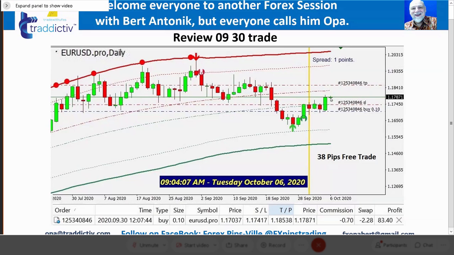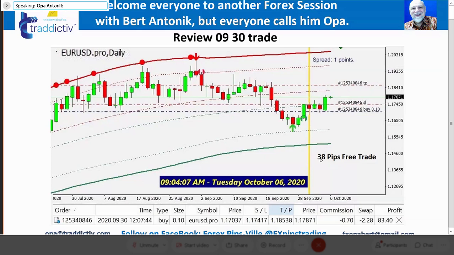So yesterday, with that nice strong move to the upside, I saw no reason to leave this. And as you know, I go to a free trade and I pull that up.